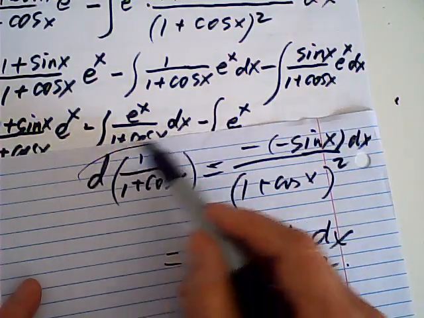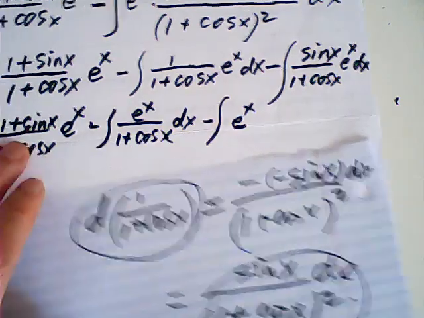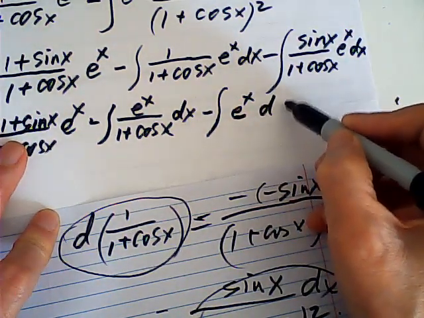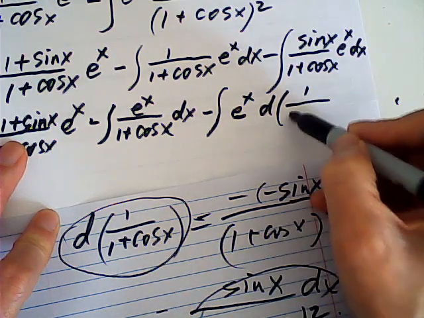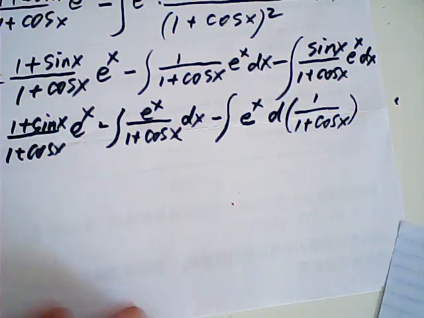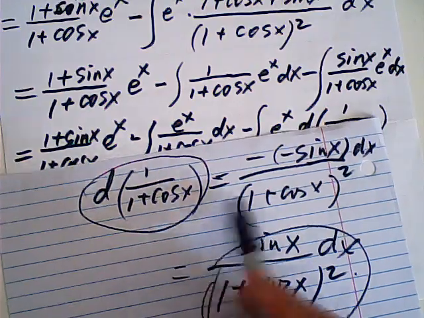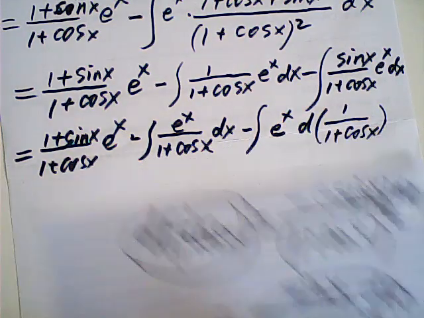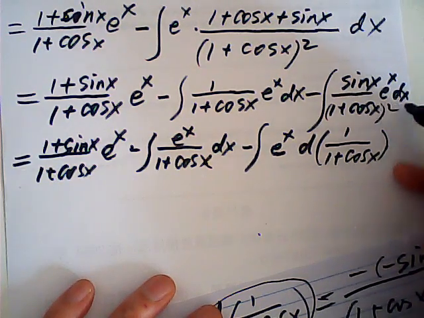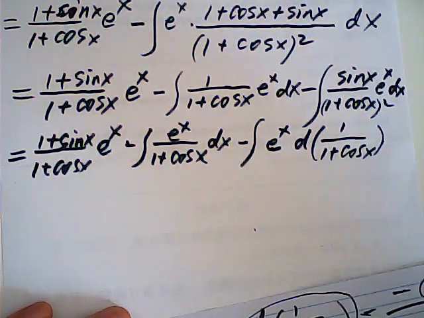So I'm writing it this way: it becomes the derivative of 1 over 1 plus cosine x. As I did, this is equal to sine x over 1 plus cosine x, there was a square, right? Square. So this one is equal to this.